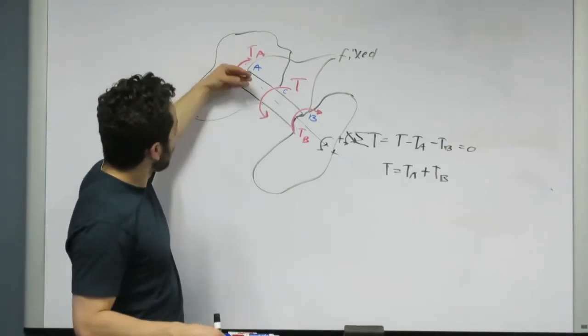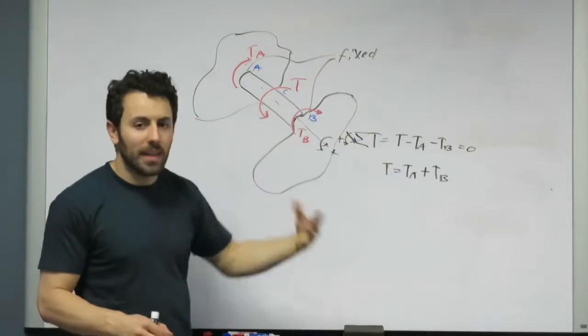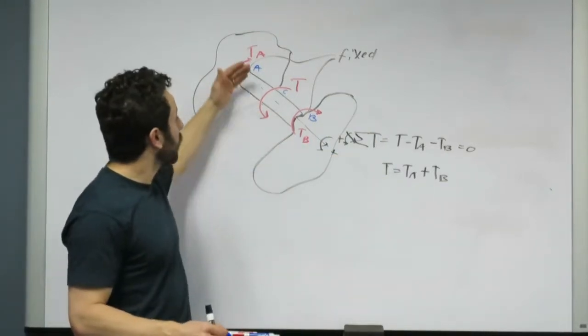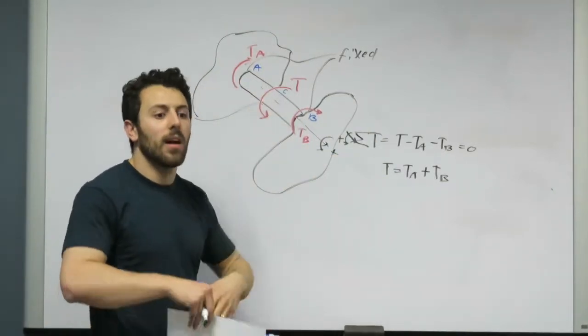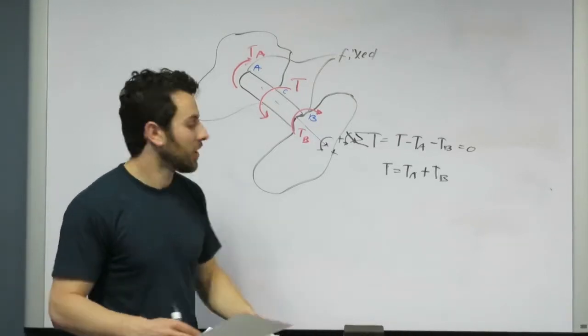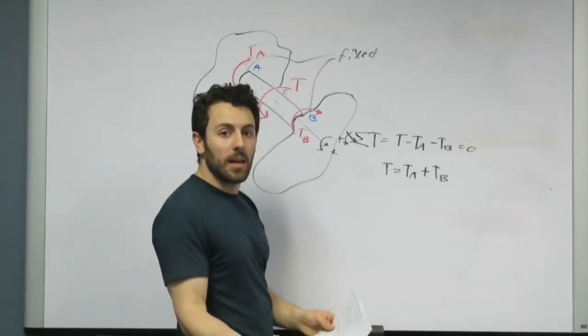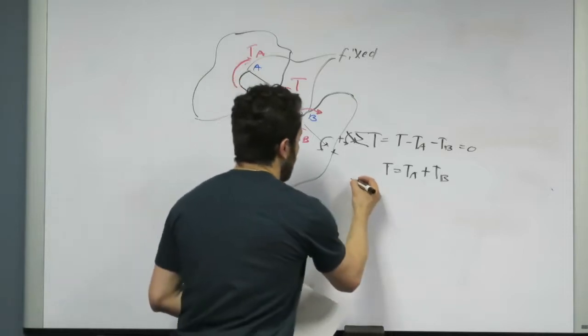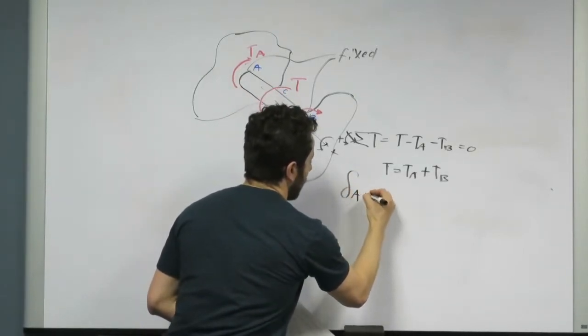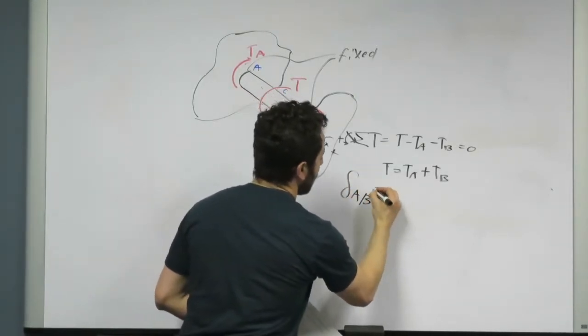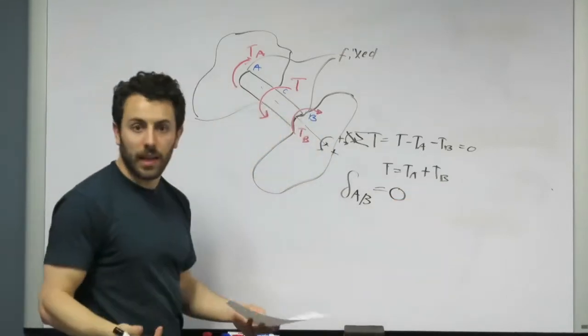It may deflect and then come back, but ultimately, between A and B, there is no net deflection. So we can say the compatibility for this circumstance is deflection of A and B is 0. Again, no deflection.